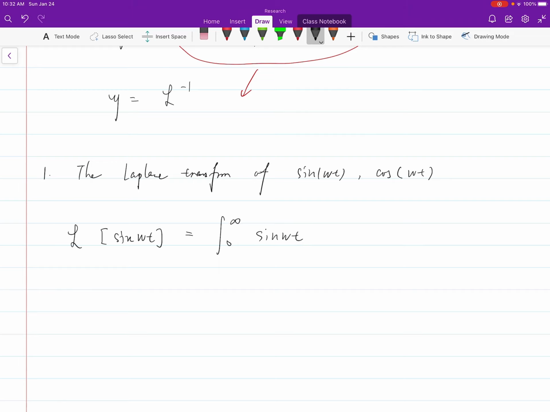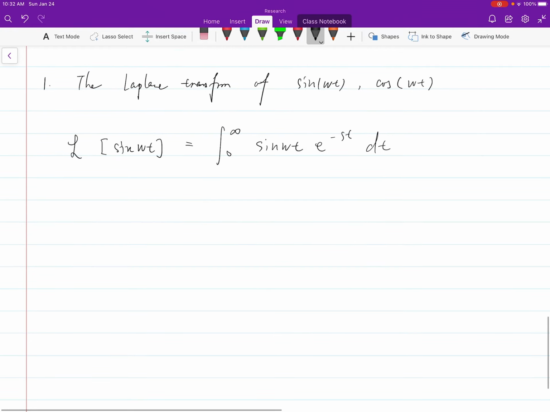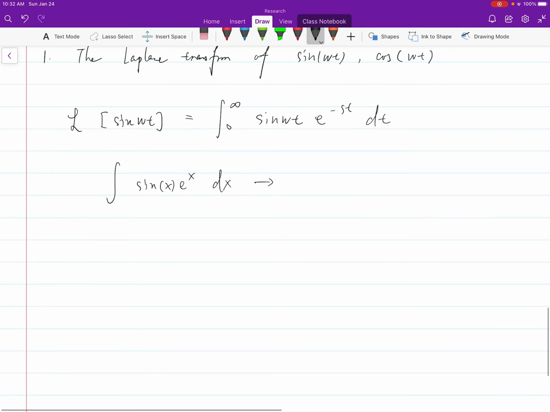Now this reduces to something we have done before in calculus 2. That is when you have something like sine x times e to the x. Okay, I don't want to do it in this way. It's doable, but you need to do integration by parts twice. If you try to recall, this is some pain in the butt exercise we had in calculus 2.